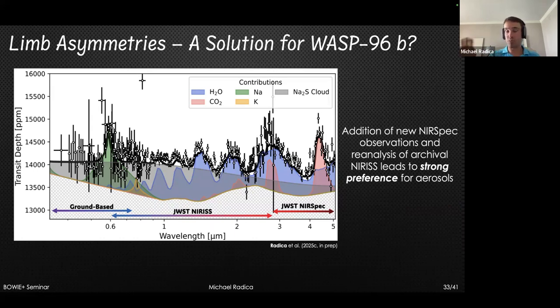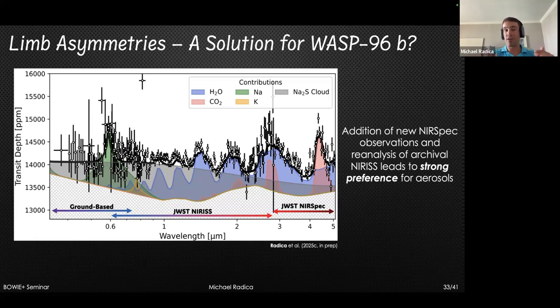We don't see any specific features that would say Na2S versus enstatite versus KCl. Realistically, whether I choose KCl, enstatite, forsterite, et cetera, any of your normal cloud condensates, they all fit the spectrum equally well.